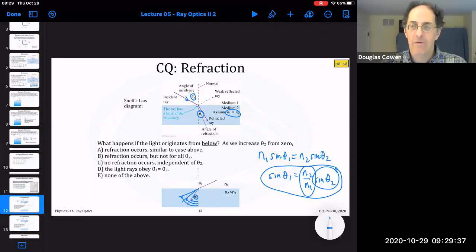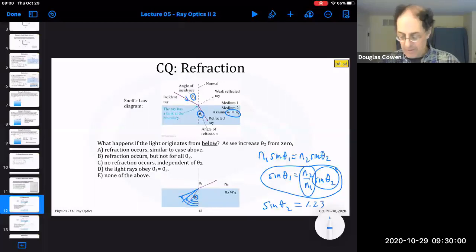So again, n2 divided by n1 is larger than 1. And we're increasing this angle theta 2. That's right. The product of n2 over n1, which is larger than 1, times sine theta 2 could eventually become larger than 1. And then we're going to have something like sine theta 2 equals, I don't know, 1.23 or whatever.